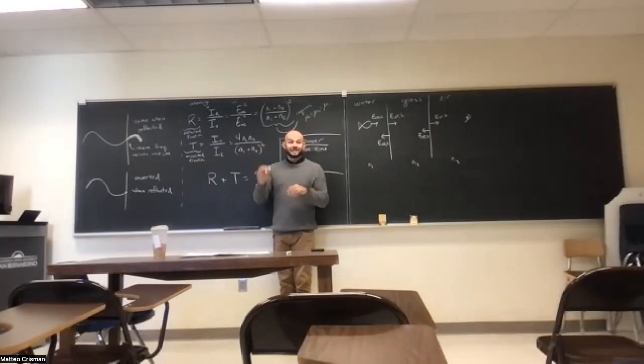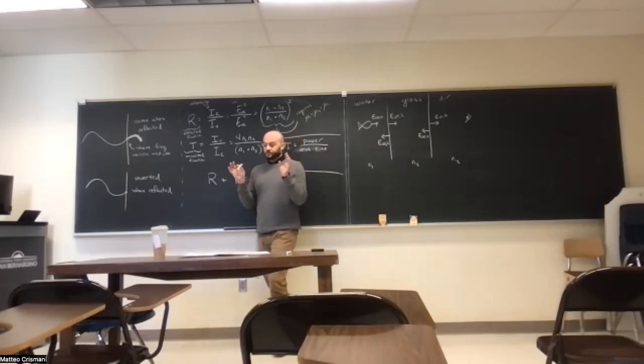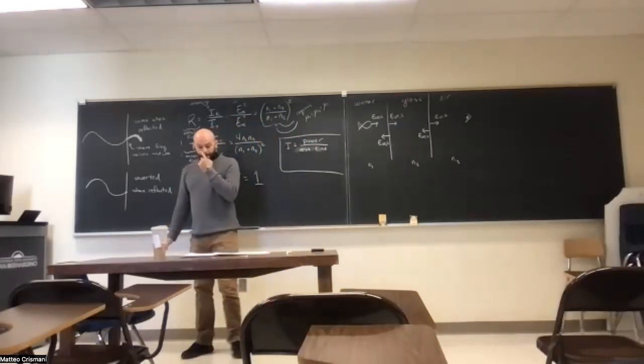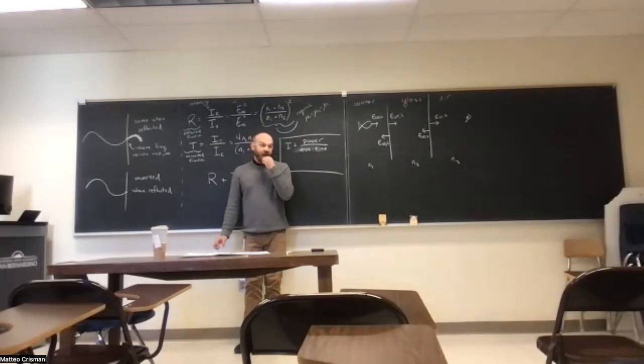There's a way to relate E and B. The amplitudes of both were related by something. That would give you the power. Is there a way to relate E and B for electromagnetic waves? Not the Poynting vector, right?